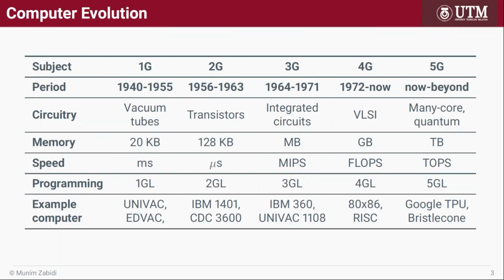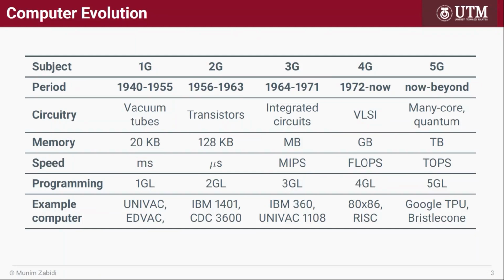First generation is vacuum tubes, and then transistors, IC, VLSI, and today we have what's called many core, where you have maybe 50, 100 or more cores in one IC, and also quantum technology, quantum computing today. That is the state of the art for computers today. And then memory size was very small in the old days, and now computers are measured in terabytes of memory.